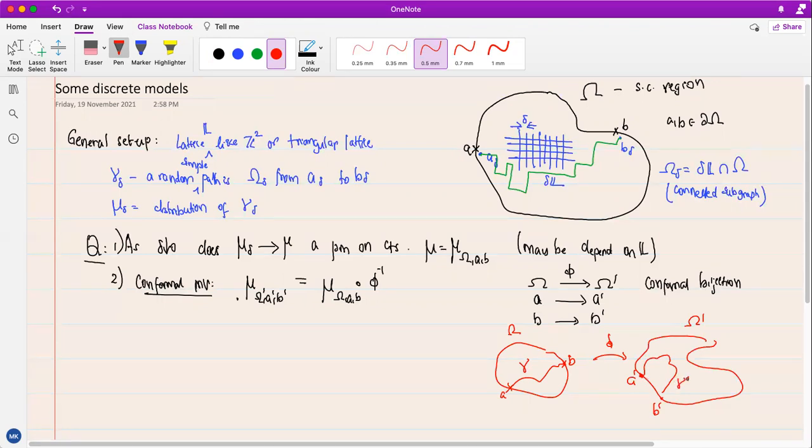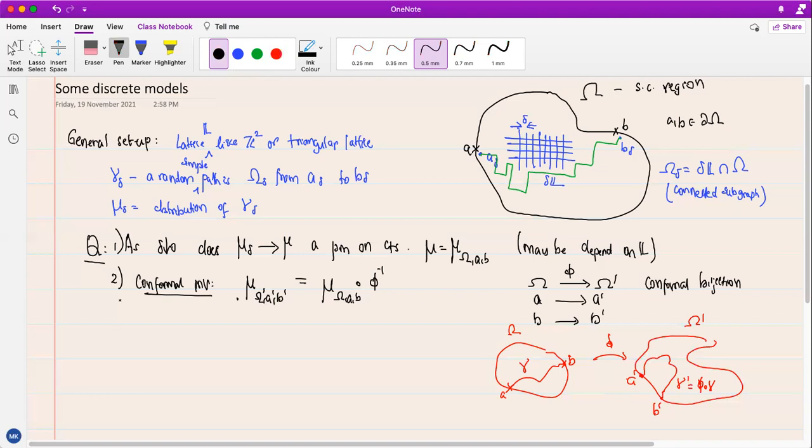This gamma dash is phi of gamma, which gives a path from A dash to B dash in omega dash. The conformal invariance question is whether gamma dash has the same distribution as the gamma I would get by filling omega dash with a lattice. Okay. So it's a lot of symmetry. It's a big symmetry question.